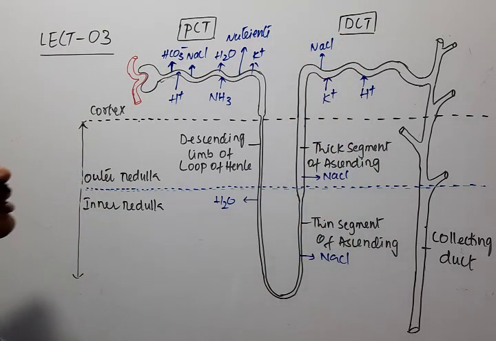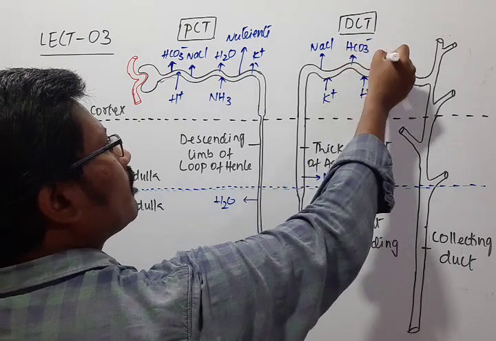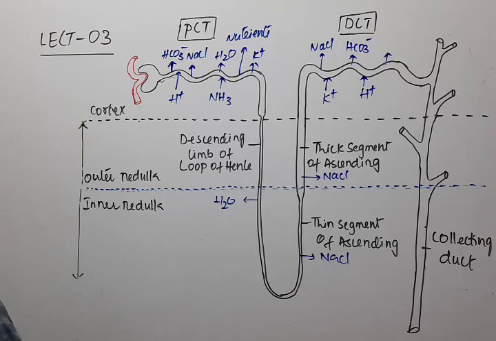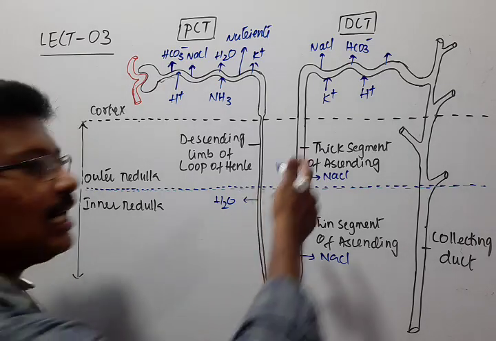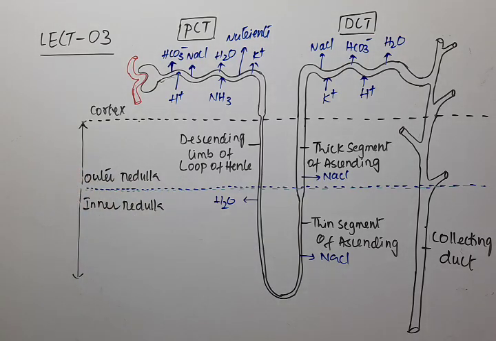And also it reabsorbs bicarbonate ions, and also it reabsorbs water. So sodium chloride, bicarbonates, and water are reabsorbed from the DCT region. Clear?